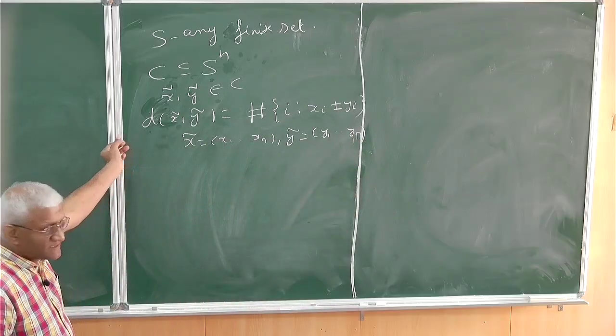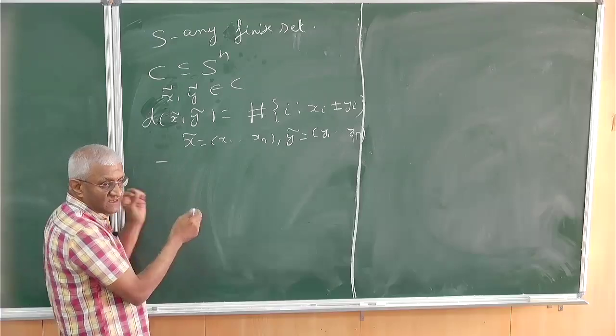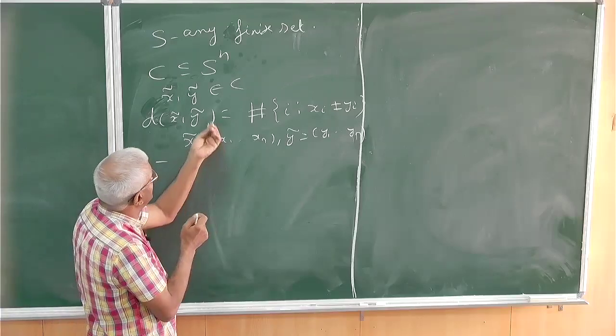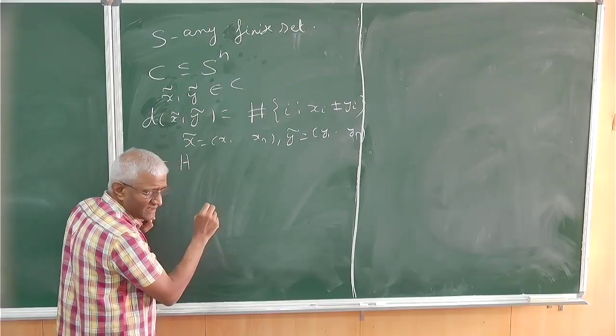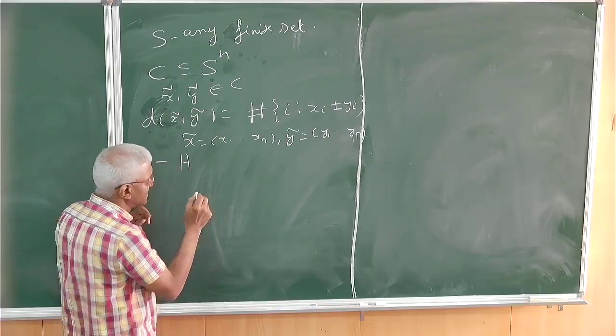This is a generalization of the discrete metric. If n equals 1, this is just the discrete metric. This is what is called the Hamming metric, or Hamming distance.